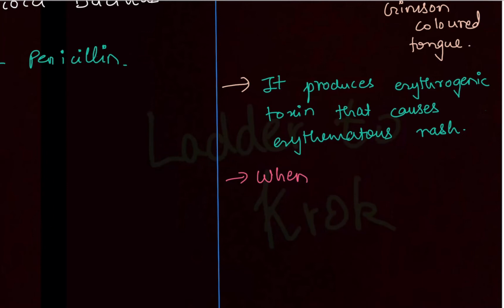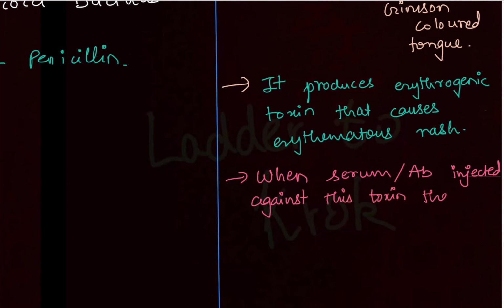So when serum or antibody is injected against this erythrogenic toxin, then rash disappears. Now, if rash disappears, means there was an immune reaction which took place between the antibody and this toxin. So that means the patient is suffering from the Streptococcus pyogenes.